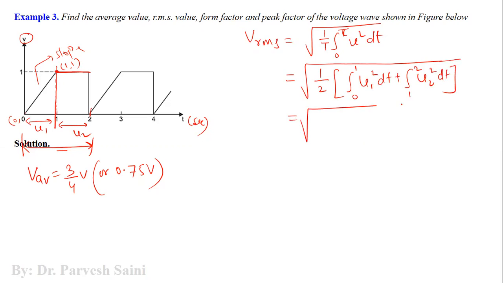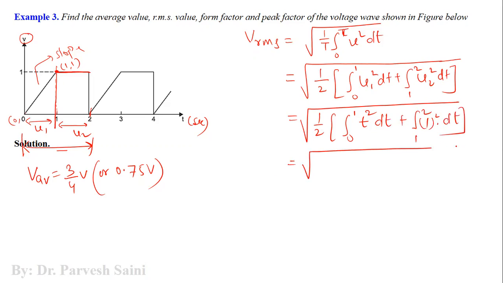So this is under root 1 by 2, and V1 is t square already, and dt, plus integration from 1 to 2, V2 is 1, 1 square is 1, so 1 square dt here, bracket close. Then further we have 1 by 2 and bracket start. Integration of t square is t raised to the power 3 by 3, from 0 to 1, plus integration of this would be t from 1 to 2, and then bracket is closed here.